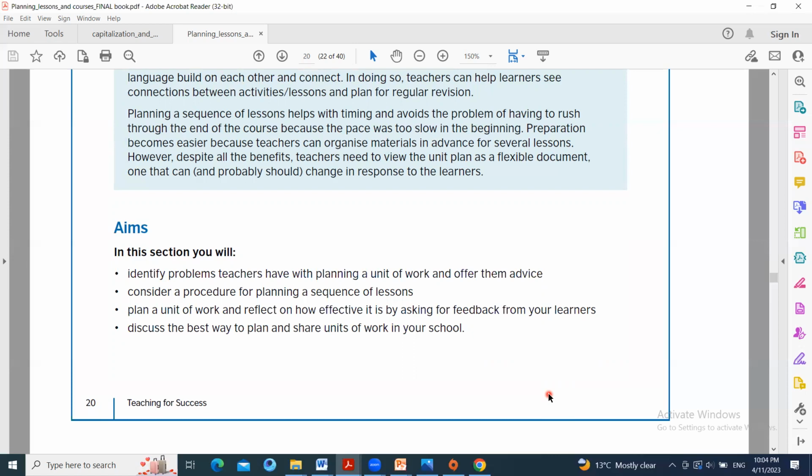Besides that, you will plan a unit of work and reflect on how effective it is by asking for feedback from your learners. Also, you will discuss the best way to plan and share units of work in your school.